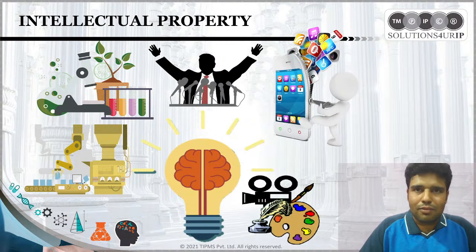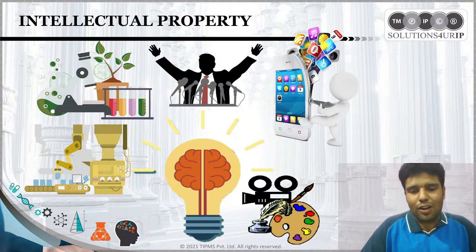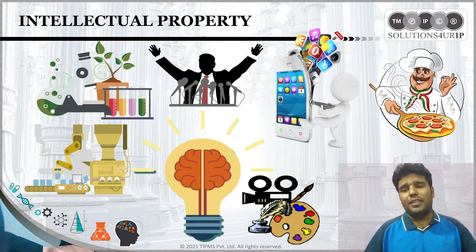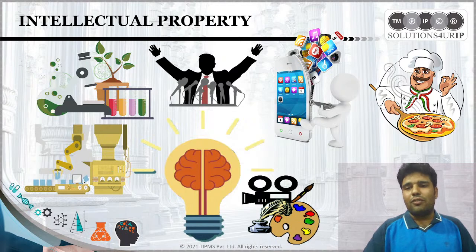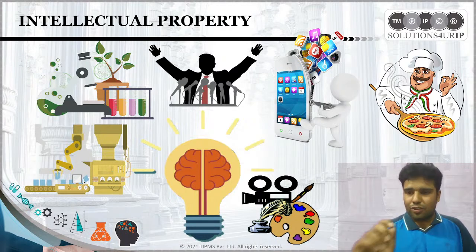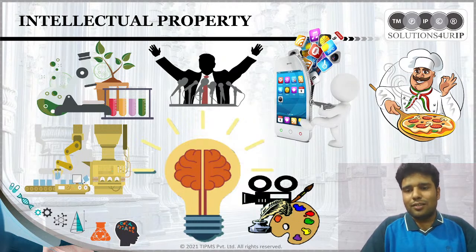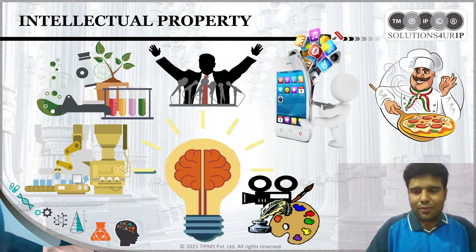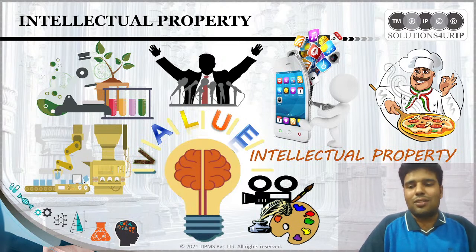Either it is artistic content or literature content, or even if you are a chef for that matter, you are cooking well, you know how to cook well, that also has a lot of value, right? So everything has a value incorporated within itself, and therefore these are all kinds of intellectual properties.